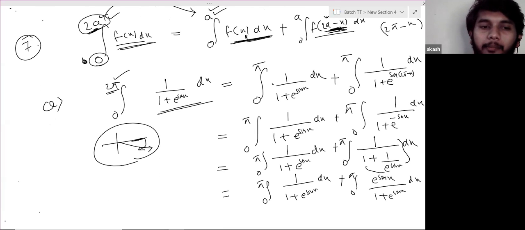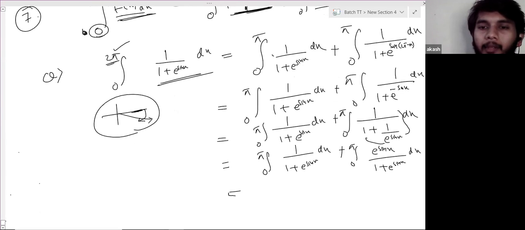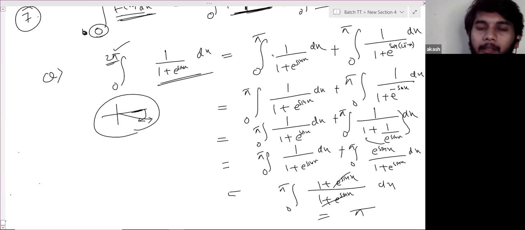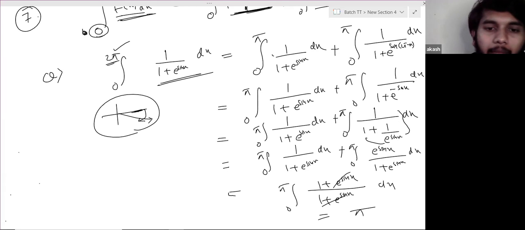Now the limit is the same, so we can directly add these two integrations. The LCM is the same, e to the power sin x, and the numerator is also e to the power sin x. Cancelled, the integration of 1 is x, so the answer is pi. Is everyone clear about this? Yes, sir. All right, note it down. Tell me if you have any doubts.